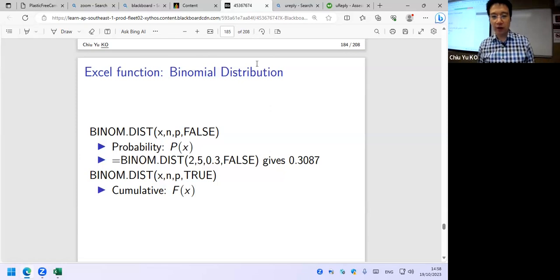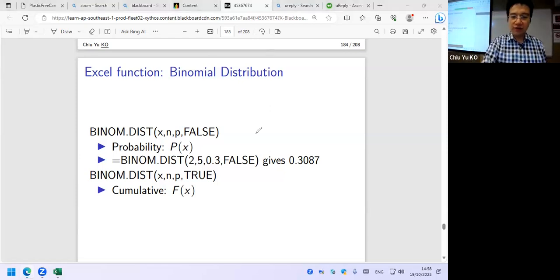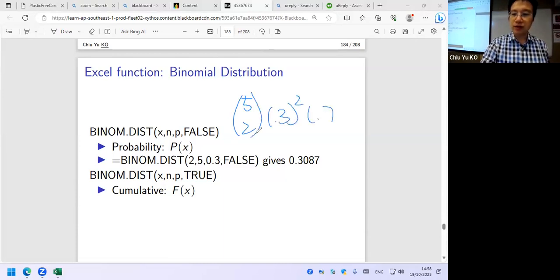Right? If you remember, the formula we have is 5C2 times 0.3 squared times 0.7 cubed, right? So this is the answer, right? Just look at the slide, it says there. Of course, I expect you to know how to write that down.